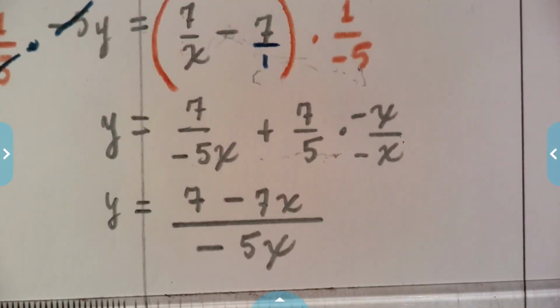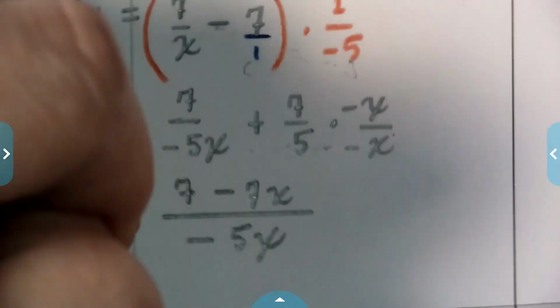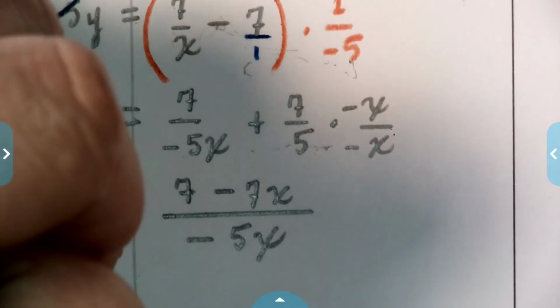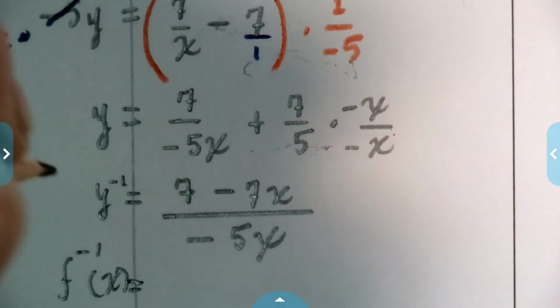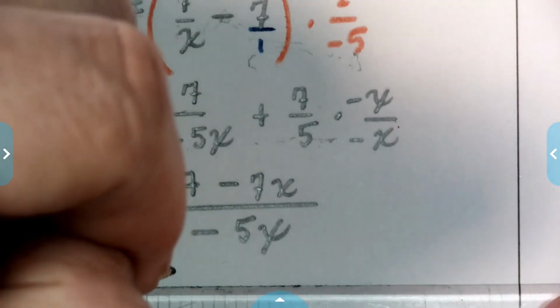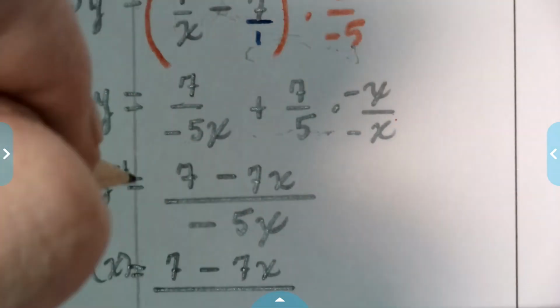Okay, and that's, I mean, we could mess with it some more, but why? So that's y to the negative first. Okay, so now let's write it in f inverse notation. f inverse x equals, and then we'll put 7 minus 7x all over negative 5x.